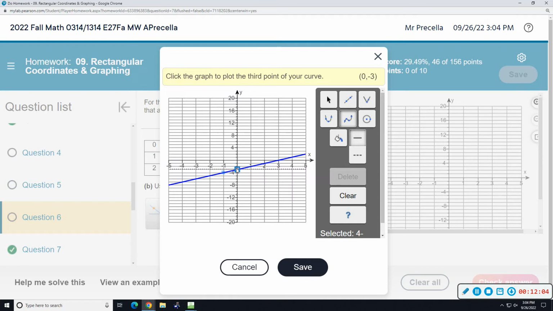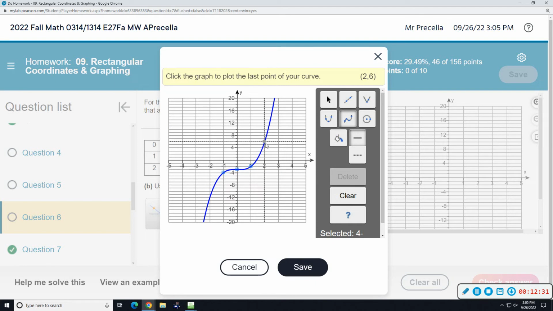And then what's the next one? 1, -2, okay. Is that 1, -2? Do y'all see where it says it in the yellow box? Yes. And notice at this point it really looks like a line, doesn't it? But by the time we get to 2, when x is 2, the y value is what? 5?